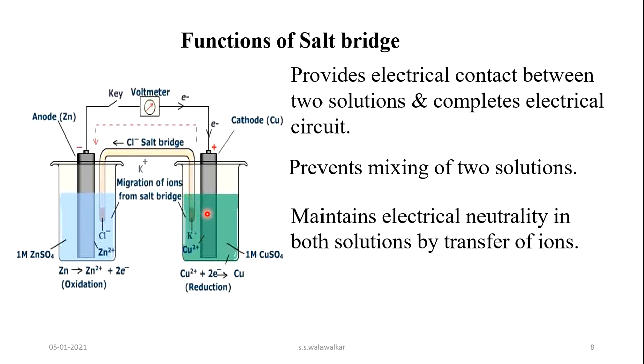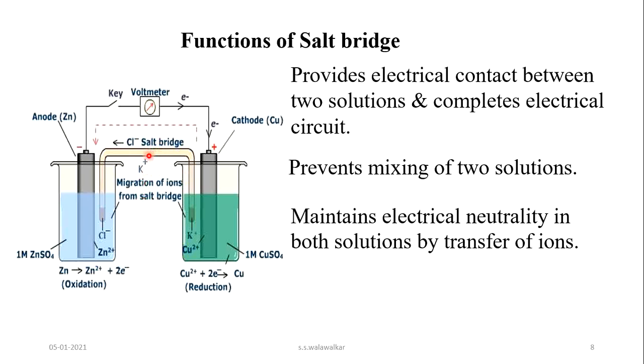In this compartment copper ions are already present in the solution. They get deposited on this electrode, so the concentration of cations decreases here, and therefore electrical neutrality is not maintained. To maintain that electrical neutrality, the salt bridge is used.